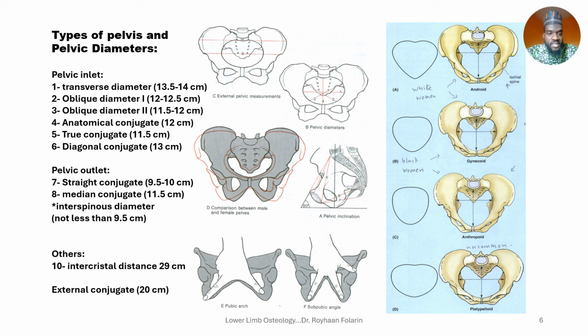Now, next is the true conjugate, which is labeled 5, and you find that somewhere around here. Yeah, so it's right here, the number 5. It looks quite tiny, but sorry, I couldn't make it much bigger.